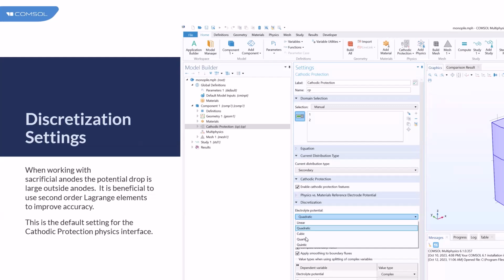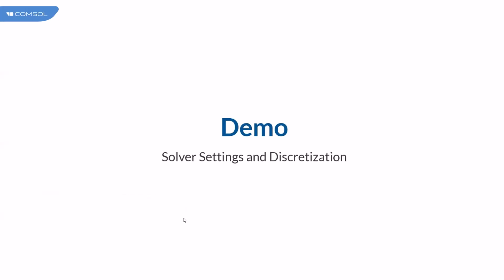But if you just choose a secondary currents interface, you will have linear elements. So then you should go in and change this to quadratic elements. And this is done by activating the discretization settings in the model builder tree. So I will show how to do that.